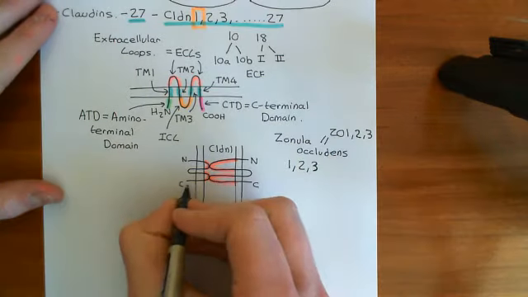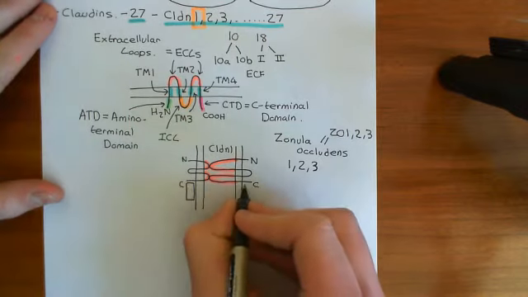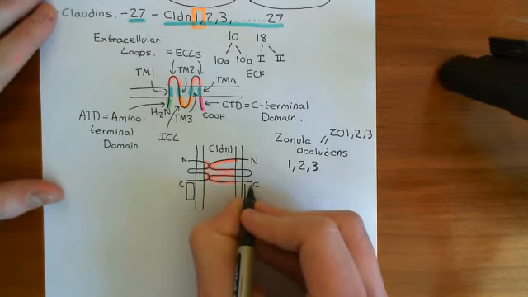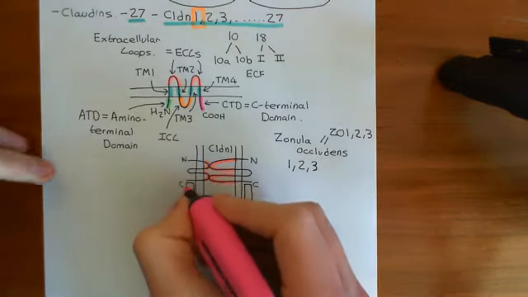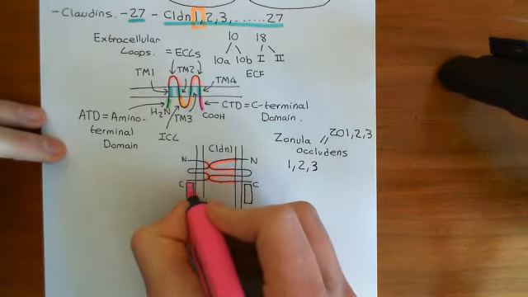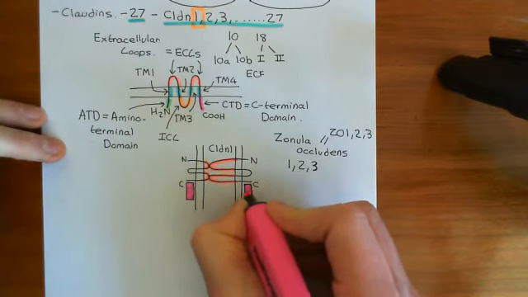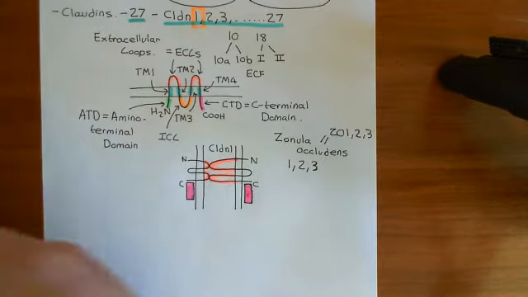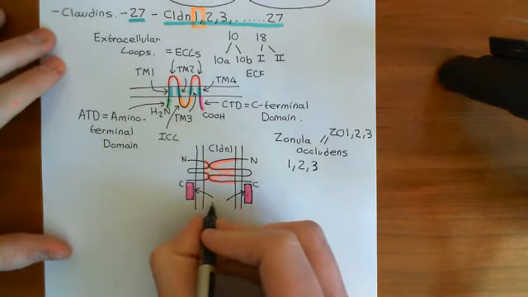These zonular occludins proteins bind to the C-terminal tail of the claudin proteins. Shown in vivid purple here, these are the zonular occludins proteins binding to the C-terminal tails of the claudins.